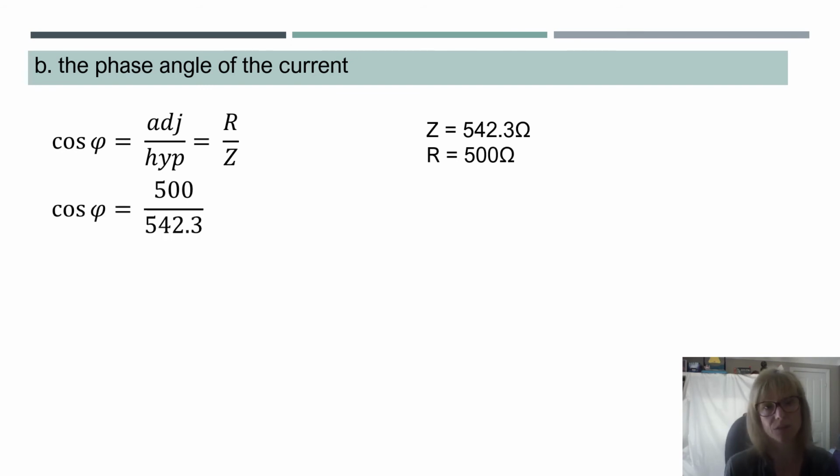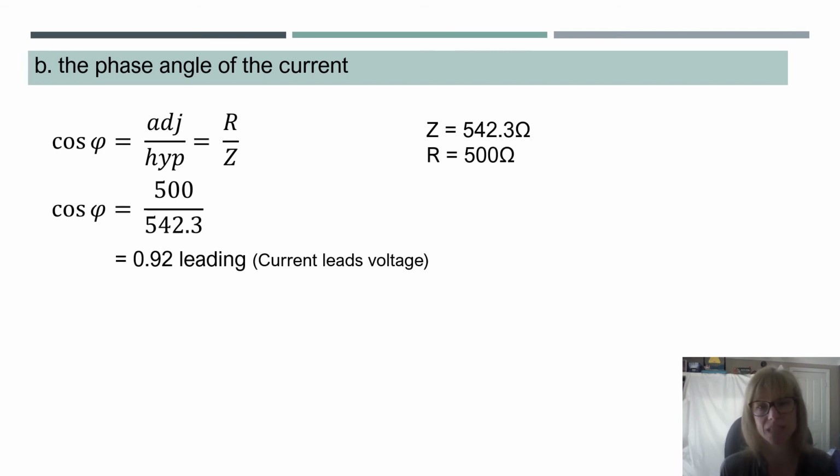So we insert those figures into our equation, 500 over 542.3. We just do that straightforward division, and that gives us 0.92 leading. And it's leading because the current is leading the voltage.